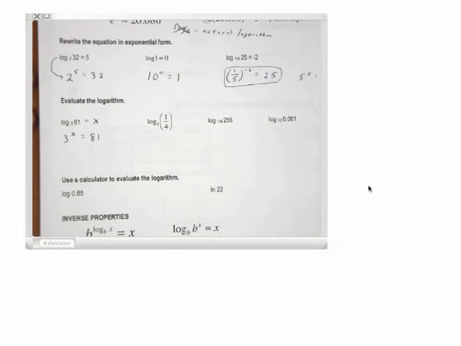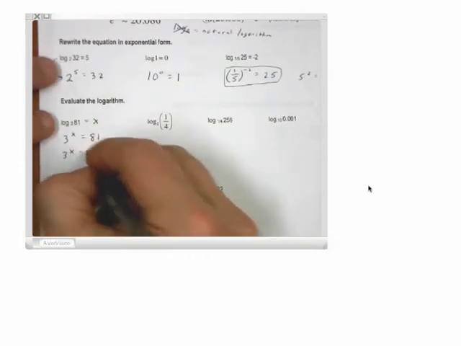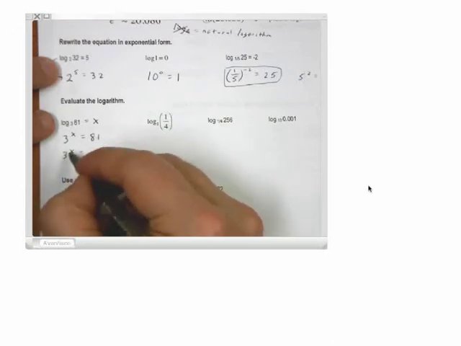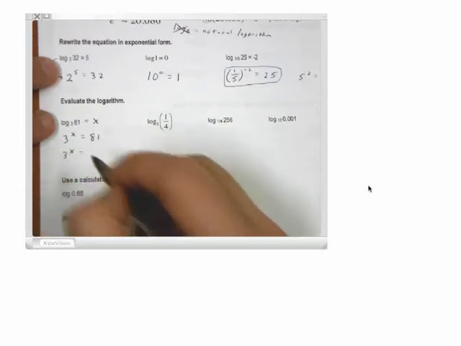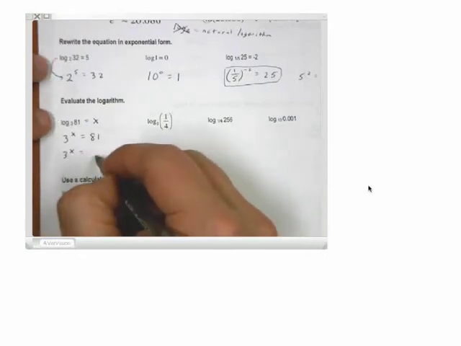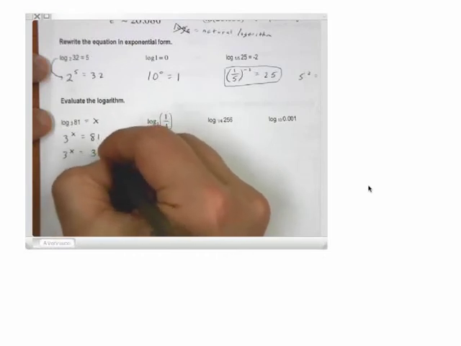Okay? And now we have to do a little bit of thinking here, a little bit of calculation. What I'm going to try to do is rewrite this number so that it's the same base as that side. I want the bases on each side of the equation to be the same. So 81, we all know, or hopefully know, is 3 to the 4th. If you're not sure, we can break 81 down.